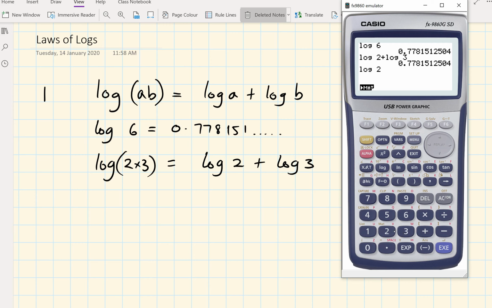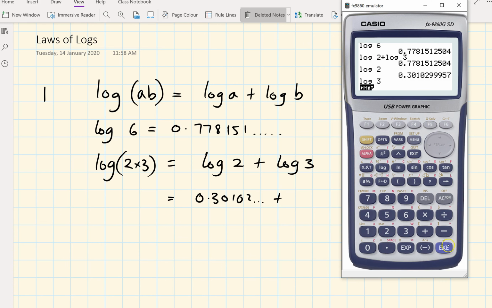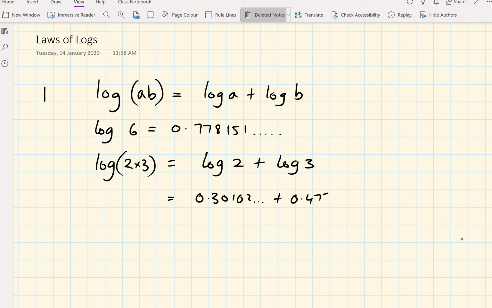The log of 2 is 0.3010 plus the log of 3, which is 0.477121. And there we have it, the first of our laws. The log of a product can be written as the sum of the two factors, log A plus log B.